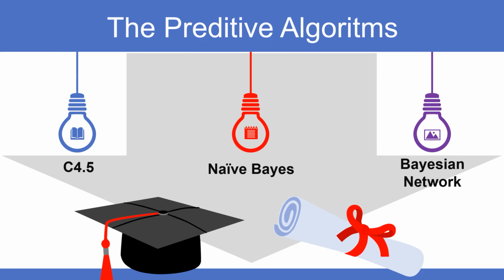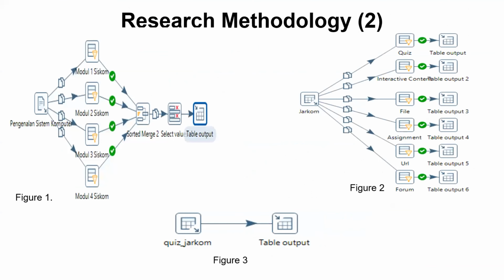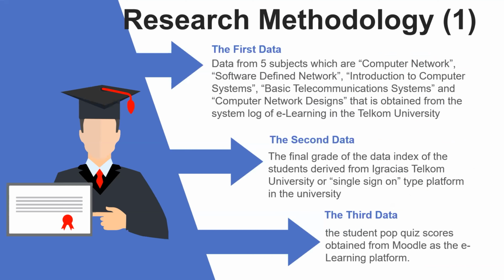This research utilizes the WEKA application due to subjective personal preference, and this tool has been used to do the classification process in the case study by applying the raw data that has gone through the data mining process. And here is our research methodology.